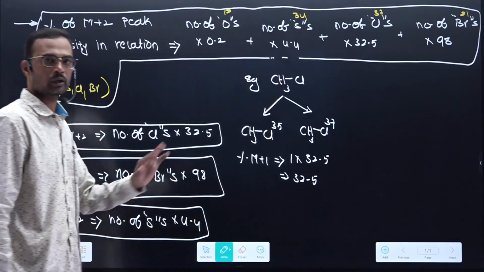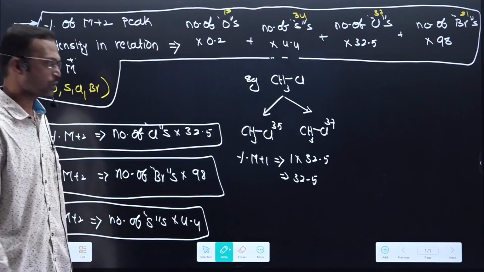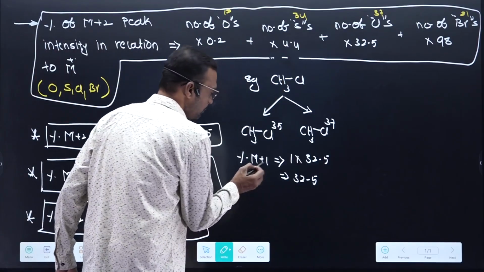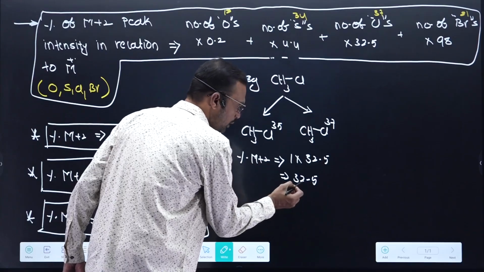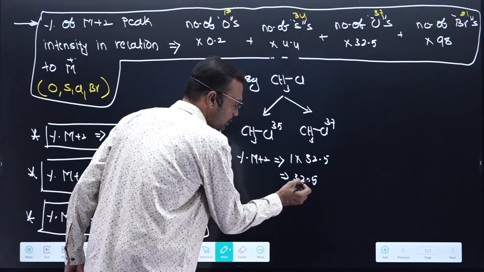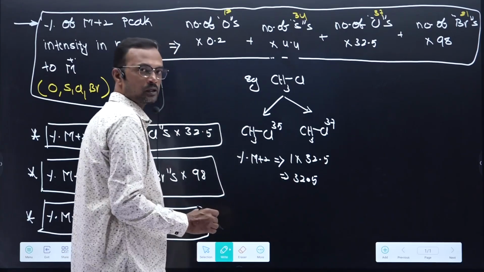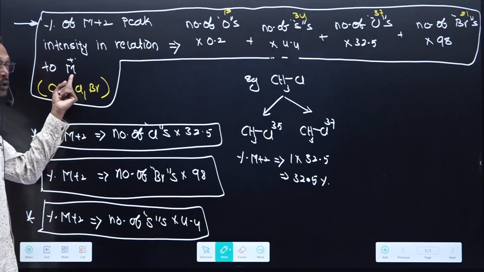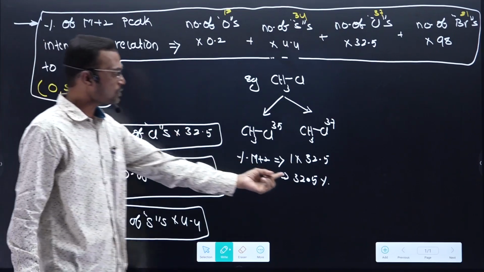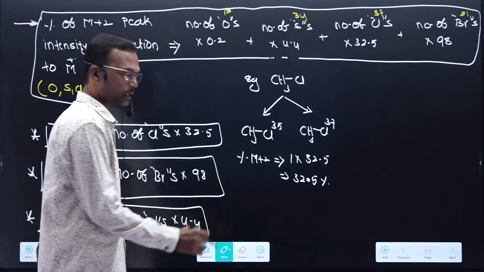Means with respect to the molecular ion, its contribution is 32.5. Which means M plus 2, sorry, not M plus 1, it is M plus 2. M plus 2 peak intensity is 32.5. Then what about molecular ion peak intensity? Every time we need to compare with the molecular ion.